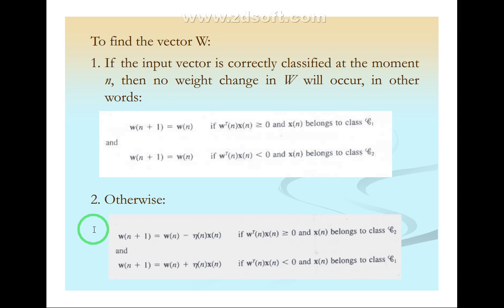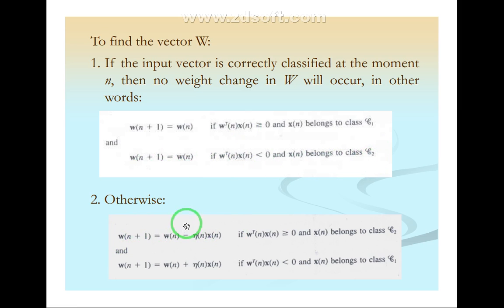So to find the vector w, if the input vector is correctly classified at the moment n, then no weight change in w will occur. We have a correct classification. So the new weights, Wn plus 1, equal the old weights, Wn. And if w times xn is greater than or equal to 0, we can say xn belongs to class C1. Otherwise, it belongs to class C2.